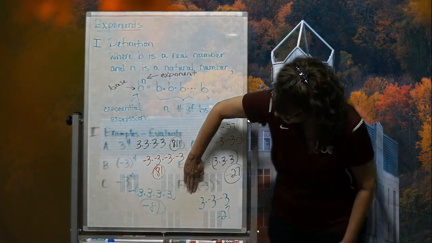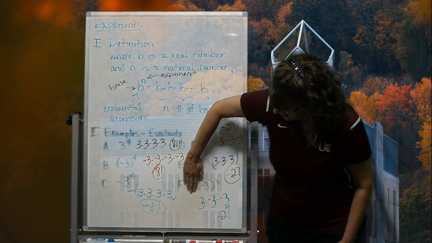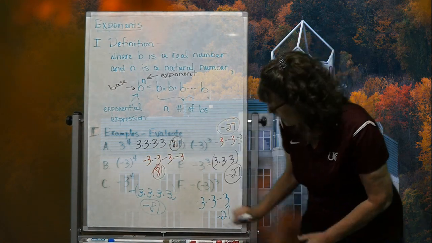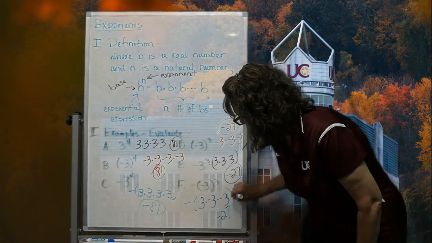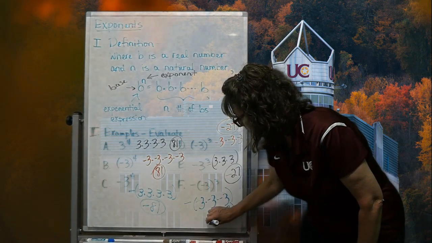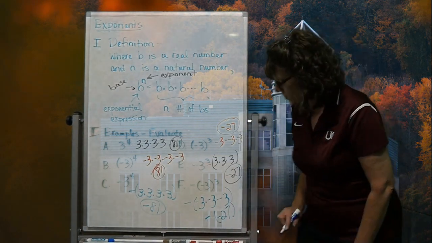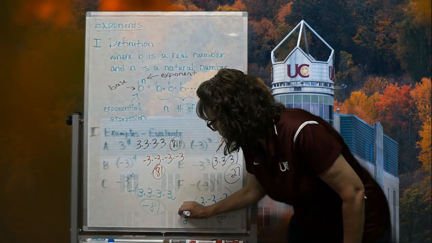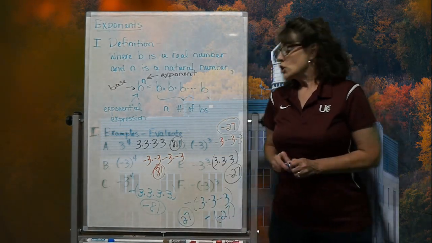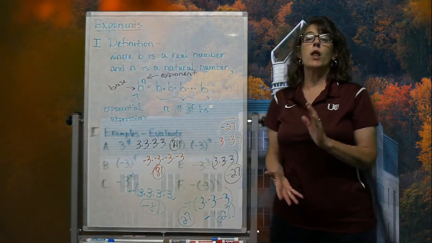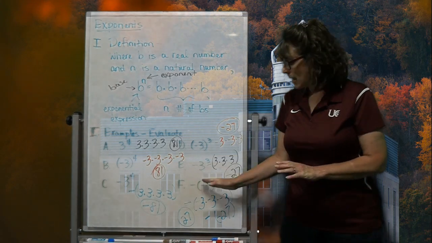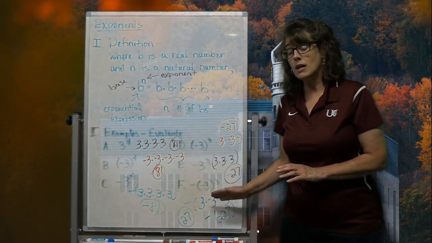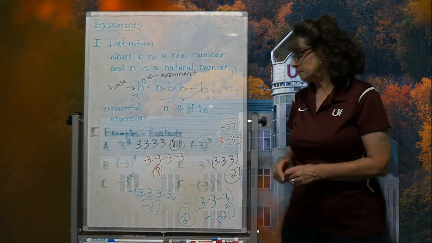But remember, this part here says do all that, then change the sign of what you got. So I'm going to do all of this, and I'm going to get that negative 27, but I'm going to change the sign of that. And when I change the sign of that, I get a positive 27 in the end. So we have to be very careful about those exponents and about when you have a parentheses around it and when you don't have a parentheses around it.